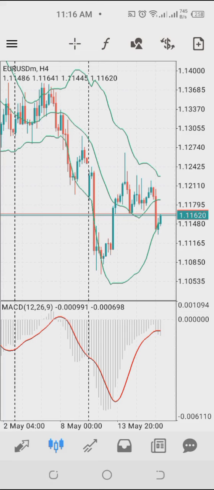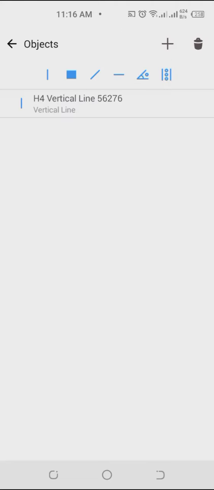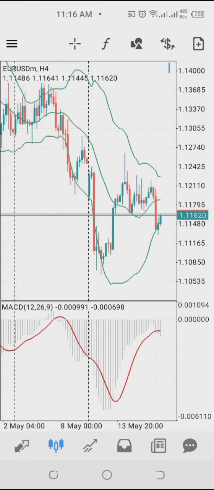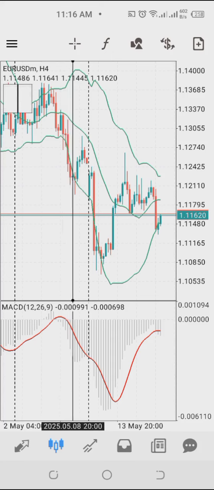Now, talking about the strategy, we want to pick a buy signal. Meanwhile, this is the Euro USD chart, so I'm going to pick up my marker.